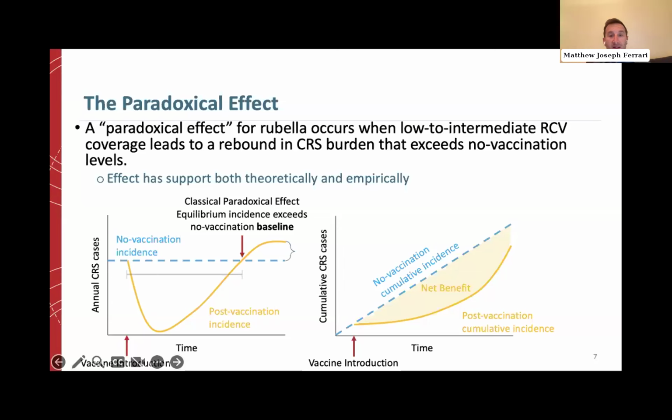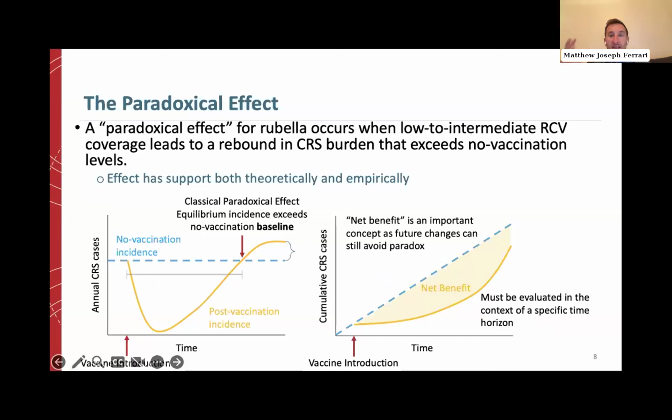It's important to note again that this paradox does not manifest immediately, and the projections indicate that this will frequently not occur for more than a decade. The degree of that exceedance in the future will depend on the vaccination coverage, the transmission rate, and the demography.